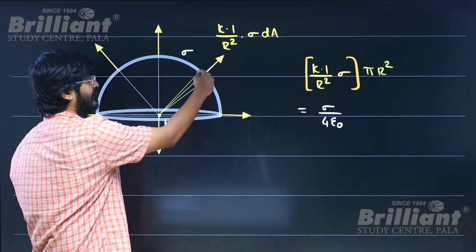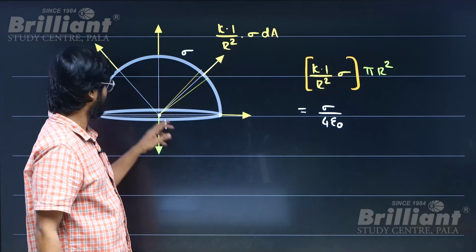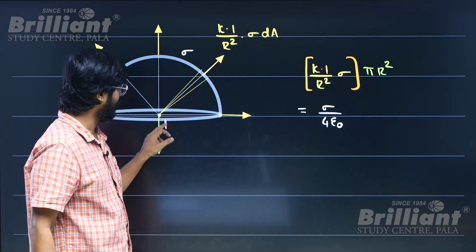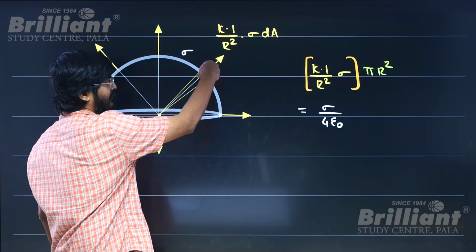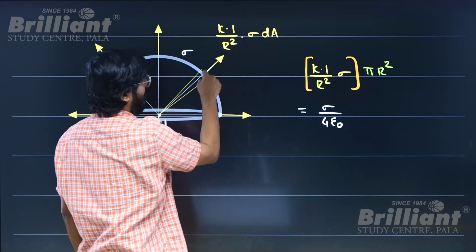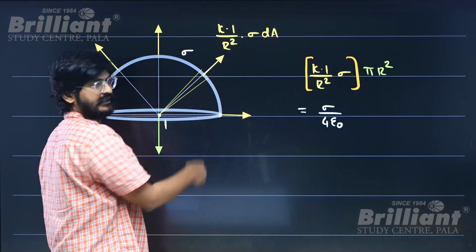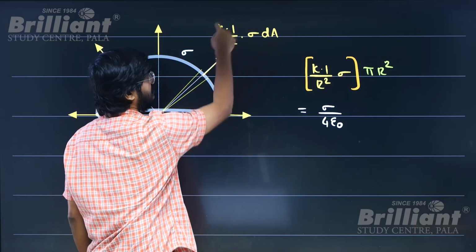For that I will take a patch on the shell and find the force on it. First I need the field, that is K1 by r square, the field due to this charge, into the charge of the patch. Charge of the patch is sigma dA. This is the force on the patch and it is perpendicular to the surface.